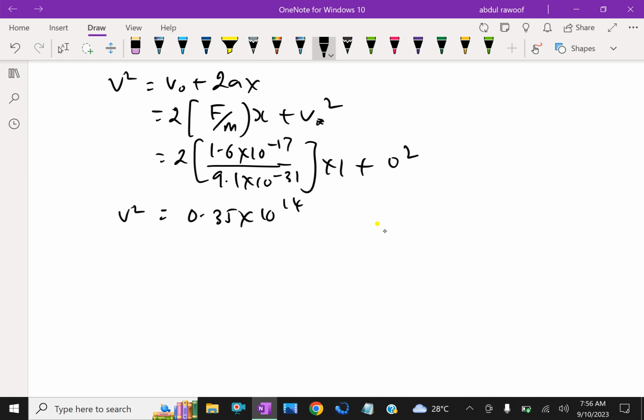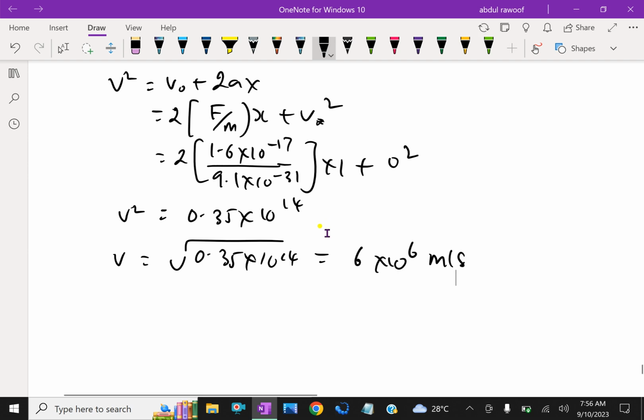This is V square. Then V equal to square root of 0.35 into 10 power 14, which is equal to 6.6 into 10 power 6 meter per second. After 1 meter travel, it acquires a velocity of 6.6 into 10 power 6 meter per second.